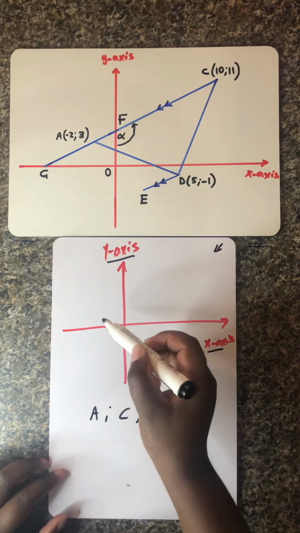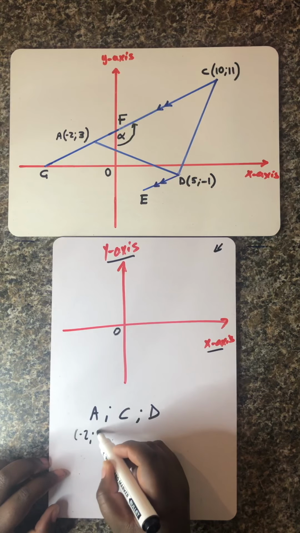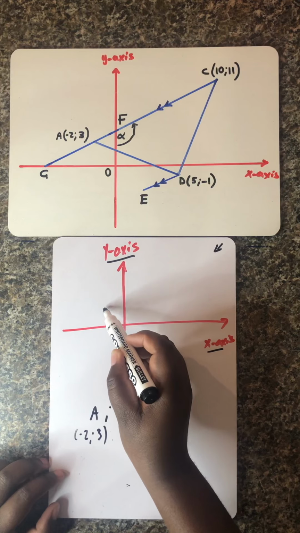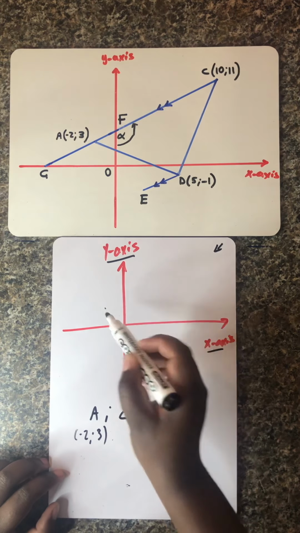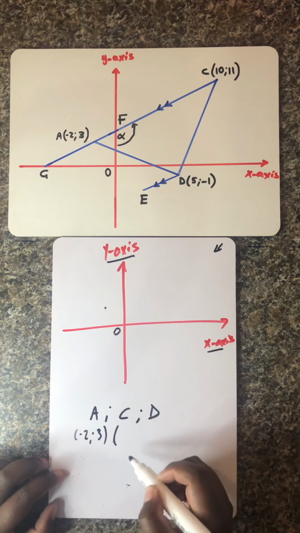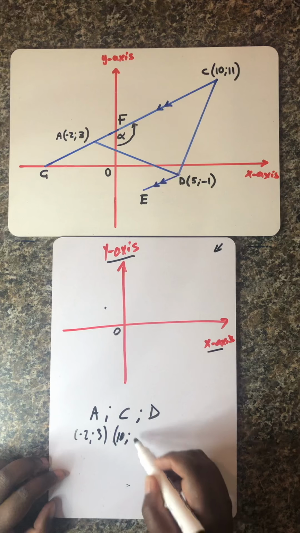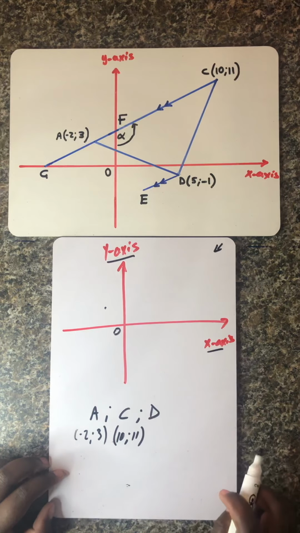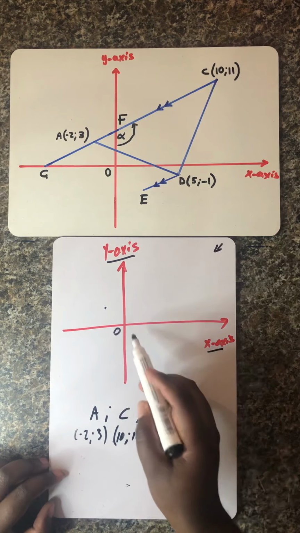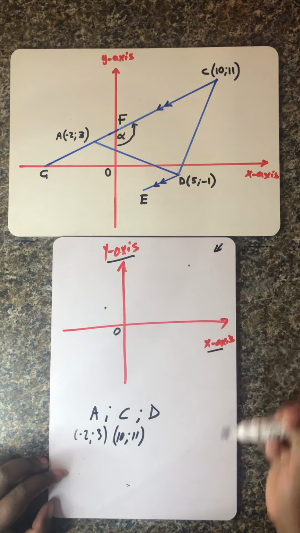So A, that's where x is -2 and y is 3. We can just assume it to be somewhere there, so you can make a point there. And again, C, that's where the x value is 10 and the y value is 11. Let's just assume it to be 10 there and you go 11 up, somewhere there.